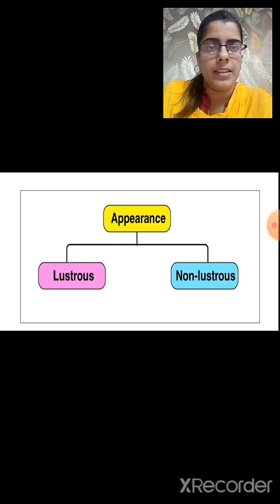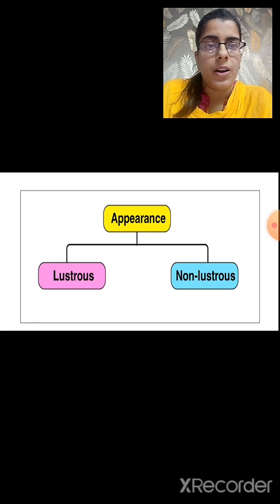These are some metals that do not have a shine. Then what are non-lustrous? The materials which do not possess a shiny appearance are known as non-lustrous. They appear dull. For example, wood, rock, etc.